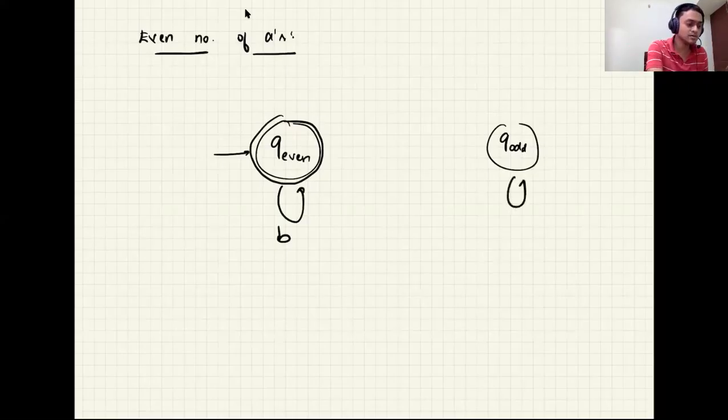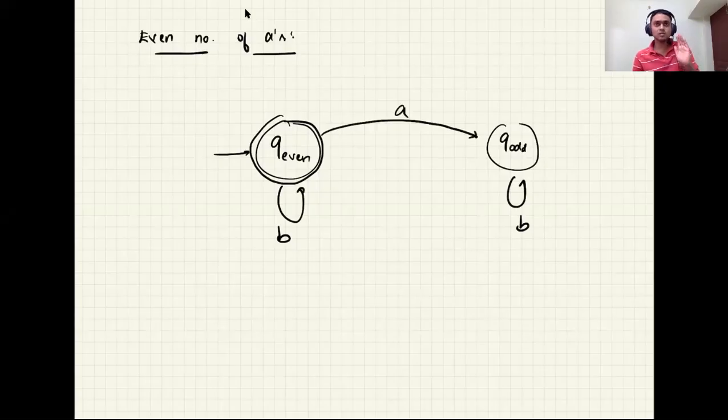Similarly, from Q odd, if I see a B, I stay here. But from Q even, if I see an A, it means the number of A's I've seen so far is becoming odd. And from here, I have to come like this.